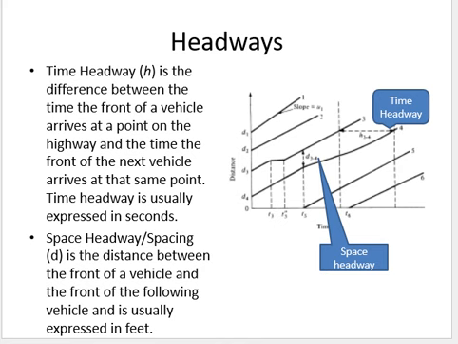So the first vehicle passes, and after 10 seconds the next vehicle passes the same point. This is their headway. And spacing, they call it space headway, or spacing, means the distance between two vehicles at a given point of time. Okay.